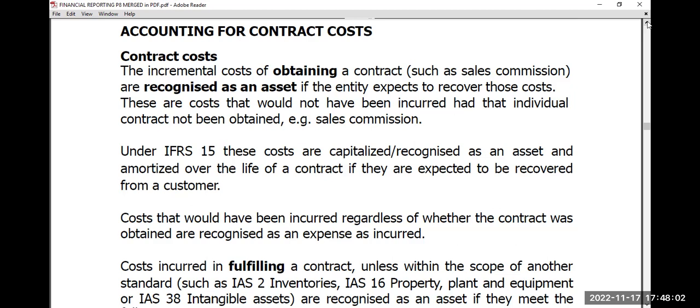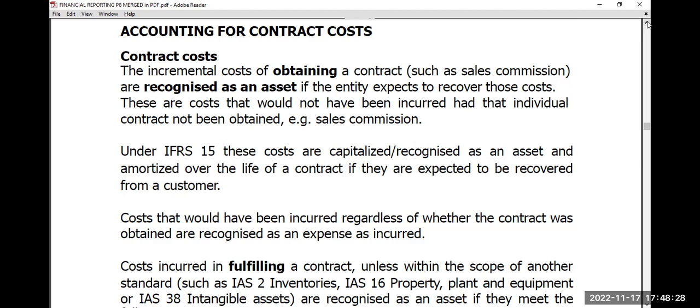So all those costs are going to be added to the cost of the contract, and they are supposed to be treated as an asset, meaning we are capitalizing them. Such as the sales commission recognized as an asset if the entity expects to recover these costs.